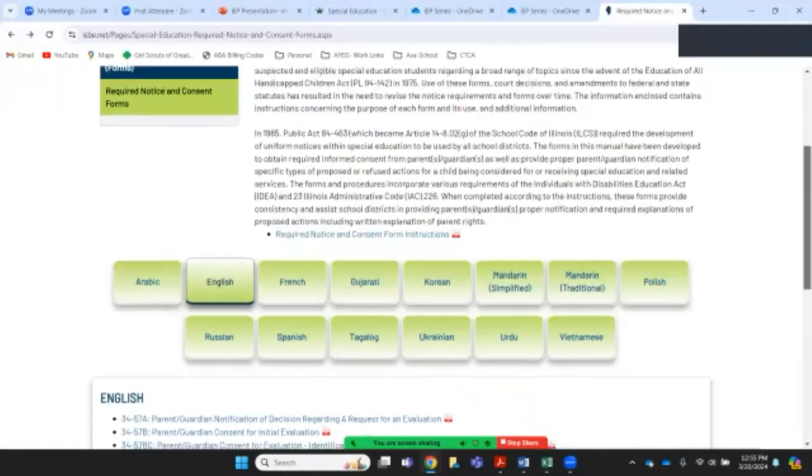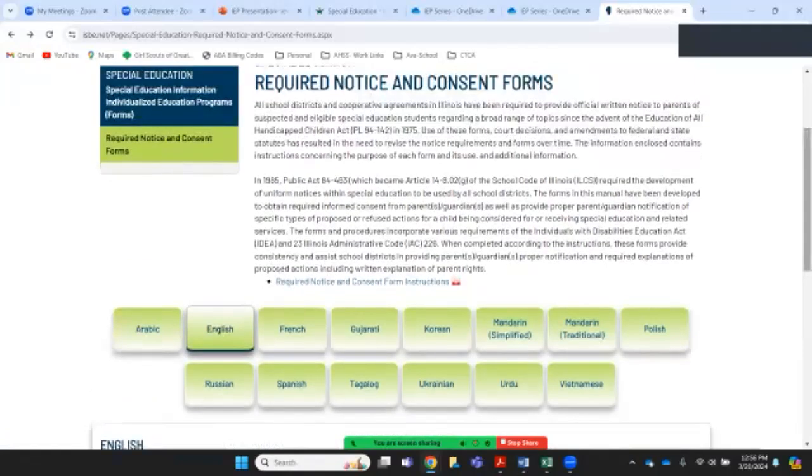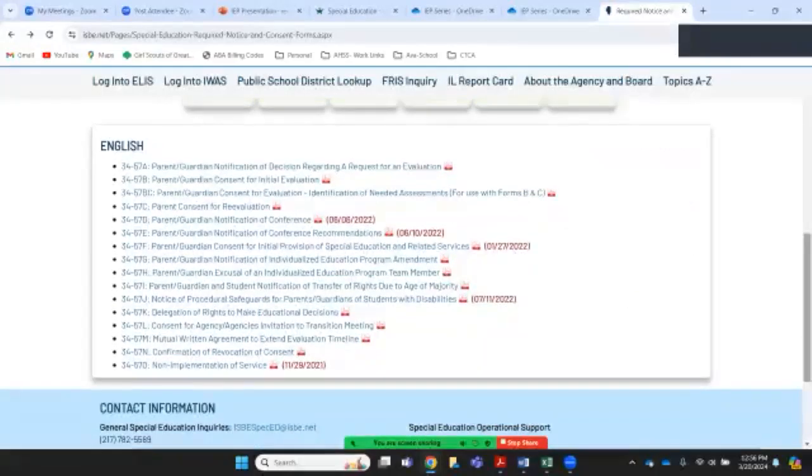The nice thing about ISB is that in the past, I want to say about 10 years, they have expanded how their consent forms and notices are provided in several different languages. It's very nice that they have broadened that, versus when I worked at the therapeutic school, where their forms were only in English and Spanish. Those were about the only two that you could find at the time.